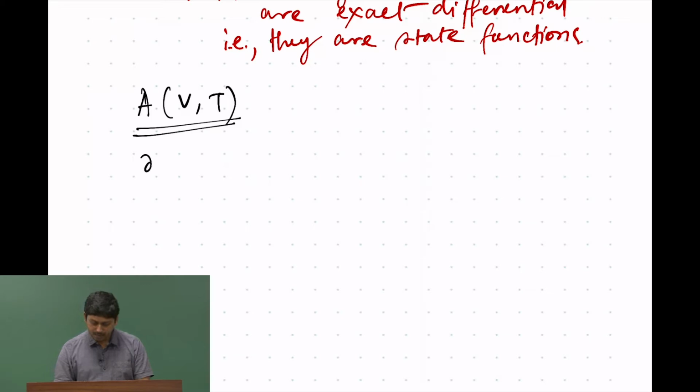So, for example, if I do d2A by dV dT, let us make it a little bit more simple.